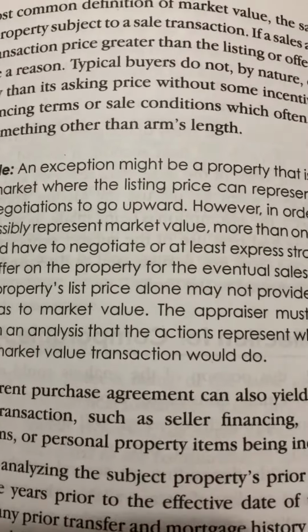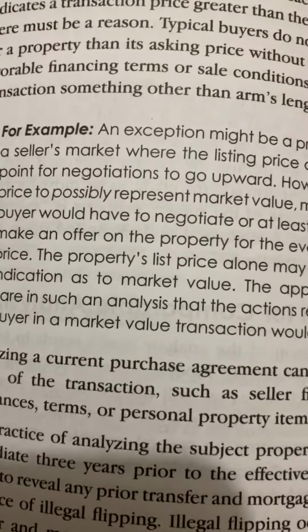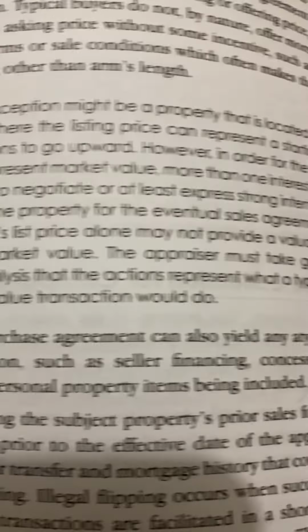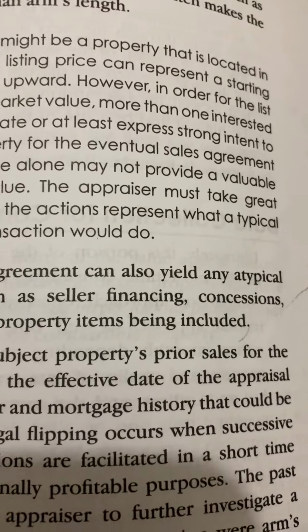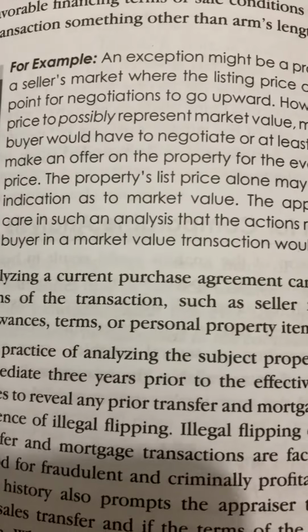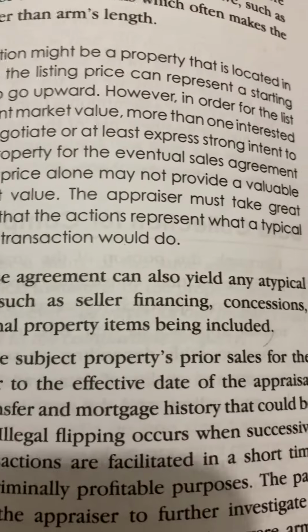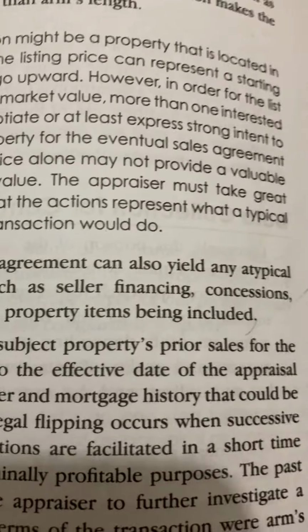For example, an exemption might be a property that is located in a seller's market where the listing price can represent a starting point for negotiations to go upward. However, in order for the list price to possibly represent market value, more than one interested buyer would have to negotiate or at least express strong intent to make an offer on the property for the eventual sales agreement price.